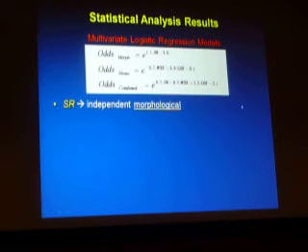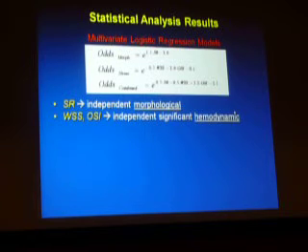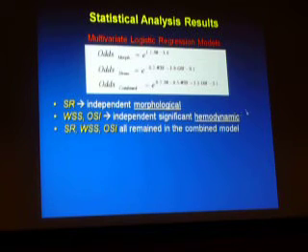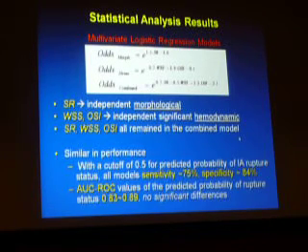The conclusion from this is that the size ratio is the only independent morphological parameter. WSS and OSI are the only independent significant hemodynamic factors, and all 3 are maintained. And these 3 models are very similar in their performance.